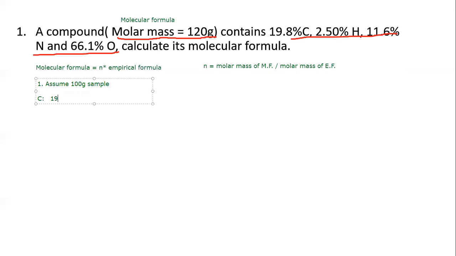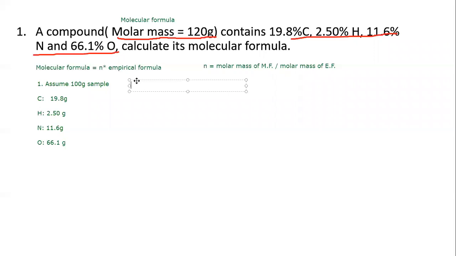So we have 19.8 grams of carbon, 2.50 grams of hydrogen, 11.6 grams of nitrogen, and 66.1 grams of oxygen. And so this is the first step. We assume a 100-gram sample and we can find the mass of each element.